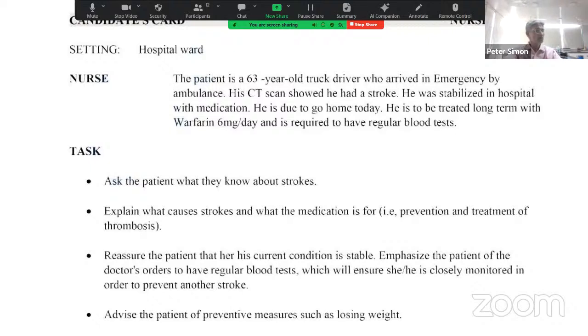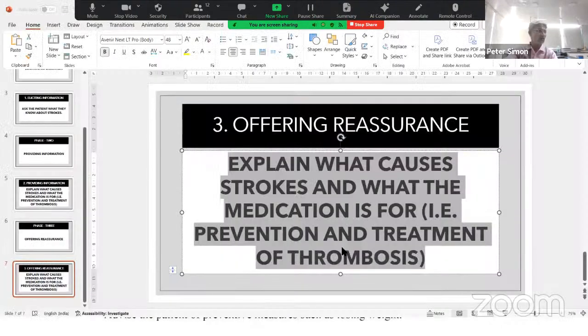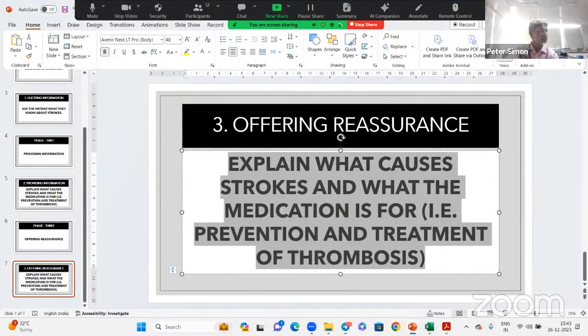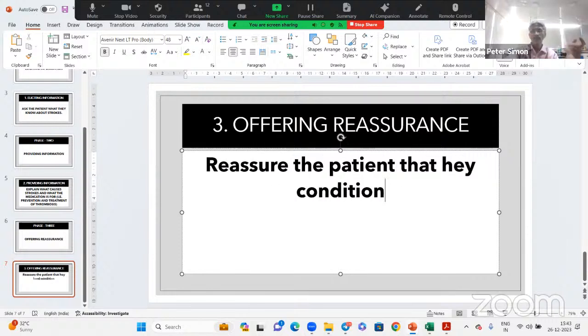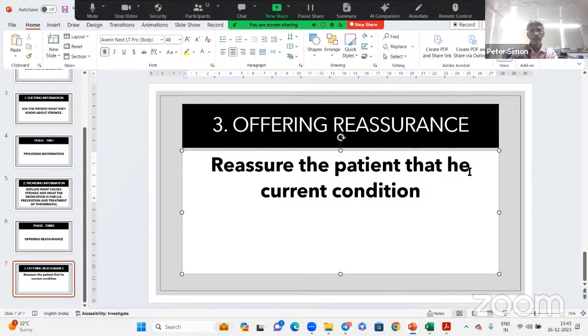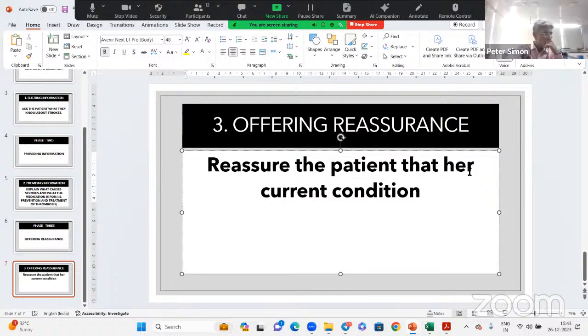Let me take the case notes here. Okay, nurse card. Now here, reassure the patient that his her current condition is stable.